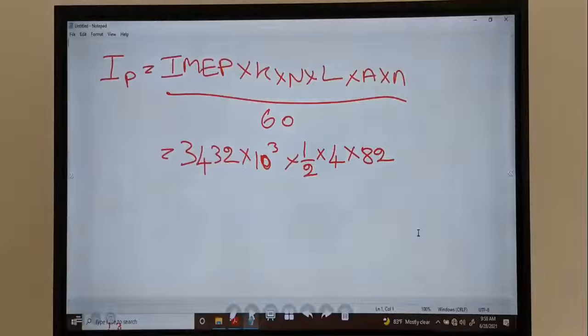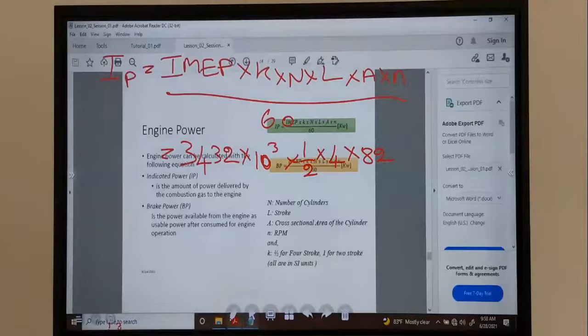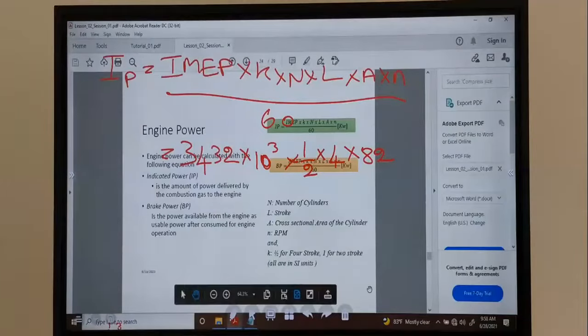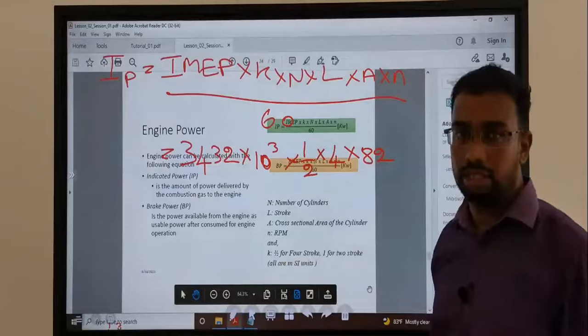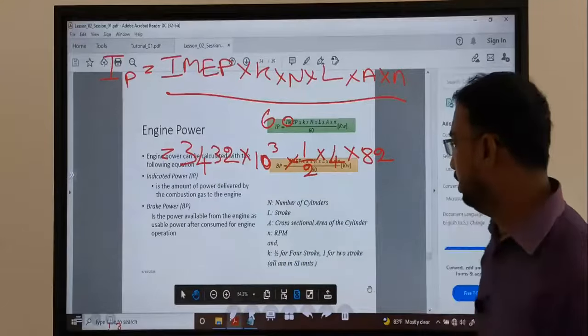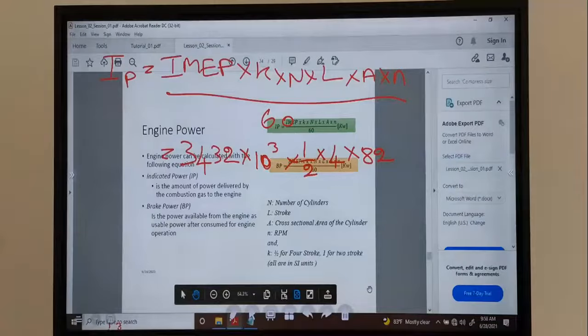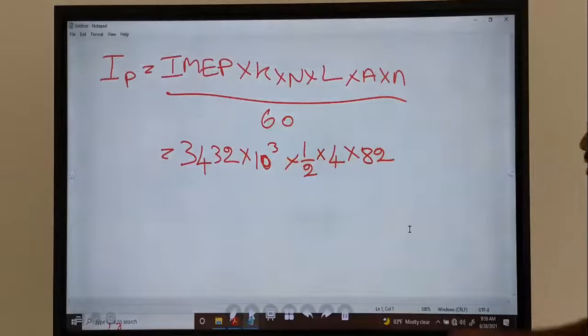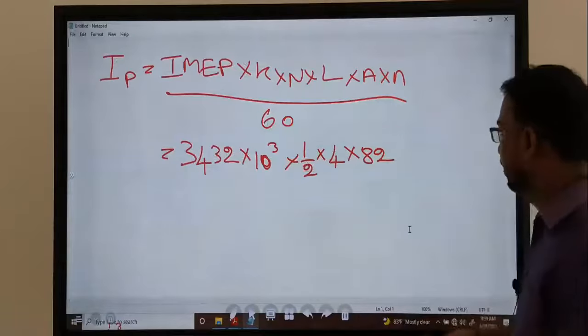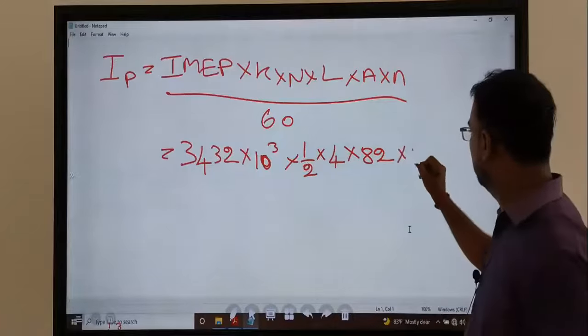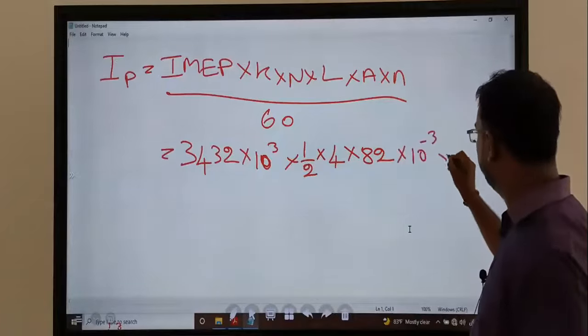But here I told you, when we find the engine capacity, we use the stroke and bore in centimeters. But in this equation all are in SI units, and the SI unit is meter. So in the indicated power and brake power equations we use millimeter converted, 10 minus 3.